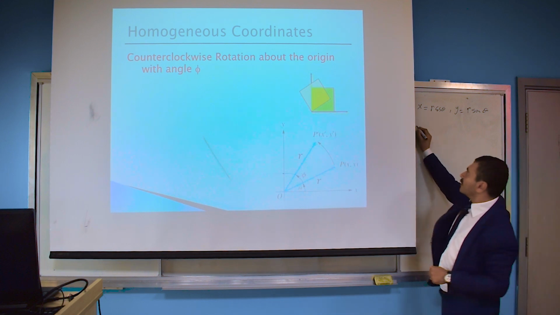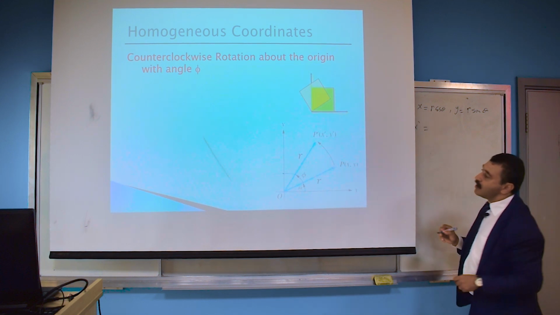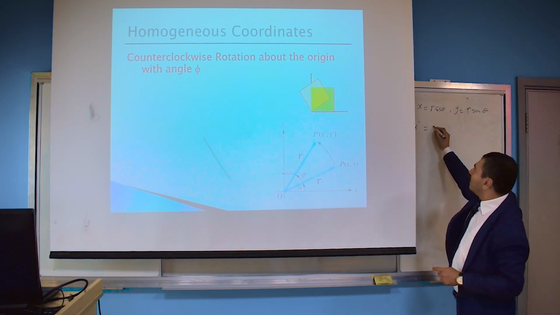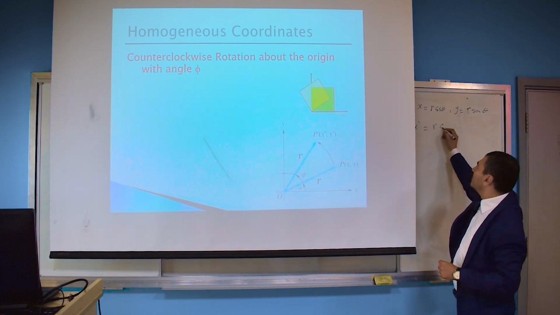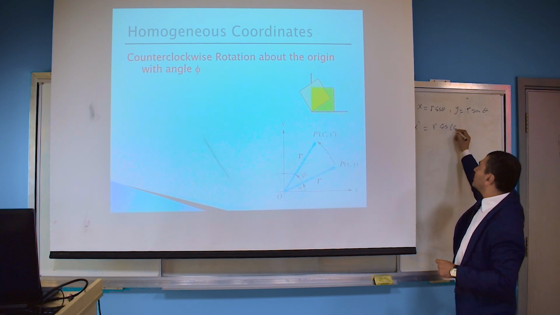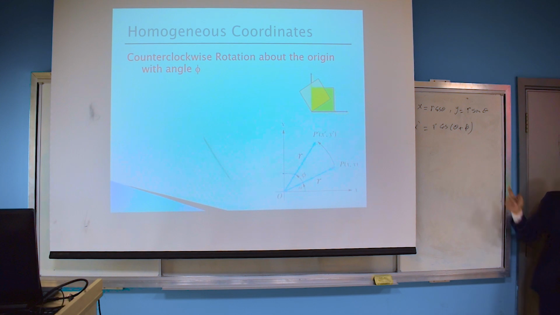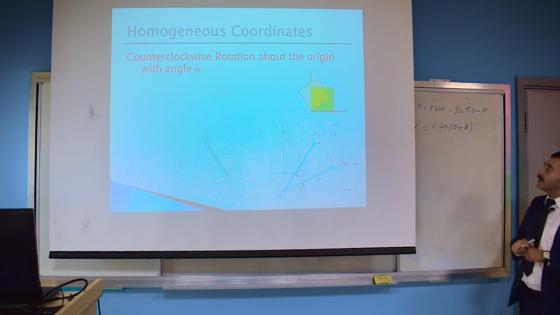What about the new x and y? X prime would be r, the same r, cosine of theta plus phi. You can expand this, right, using the trig identities.